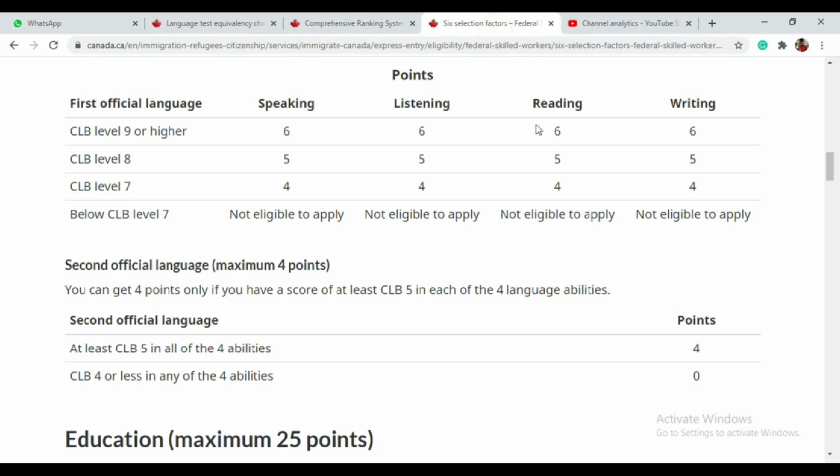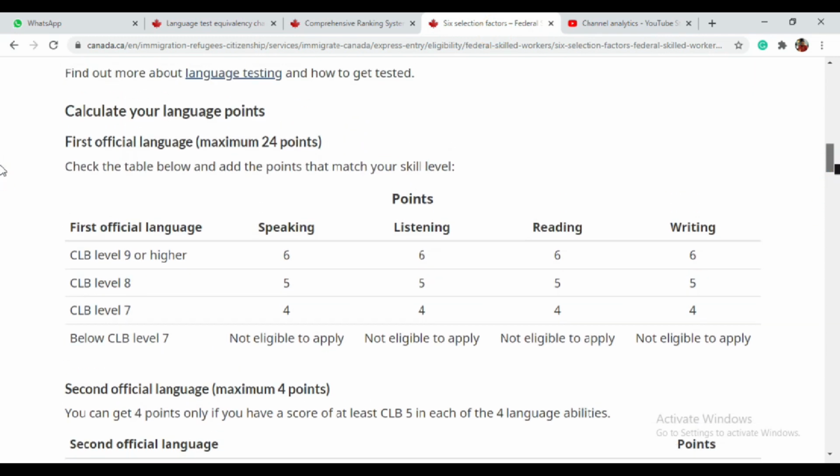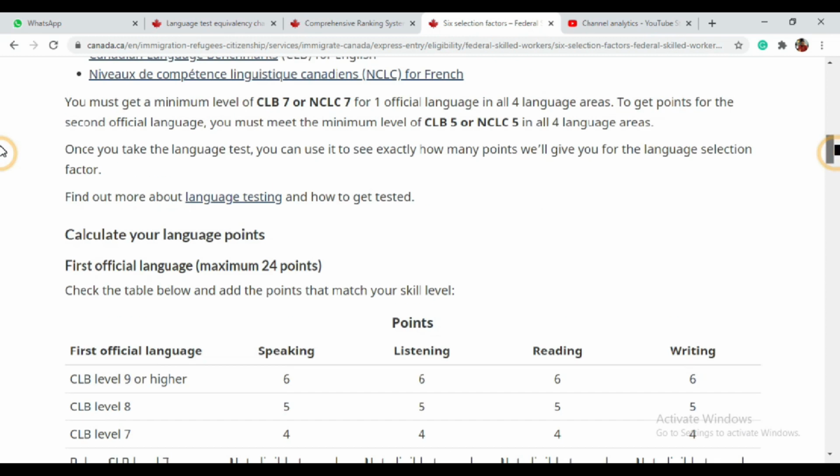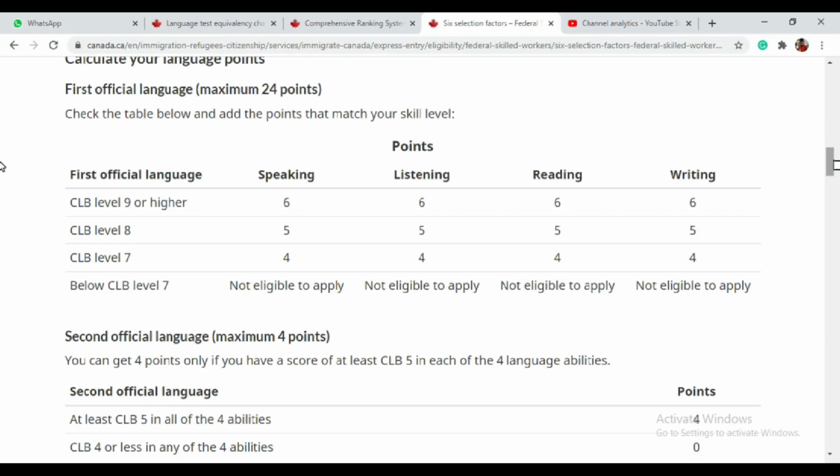I've opened the reference page over here. Yeah, here you can see CLB level 7. CLB level 7 will award you 16 points in the 67 points calculator. I've made a separate video on this topic, so that will be available in the i button so that you can check it out after watching this video.